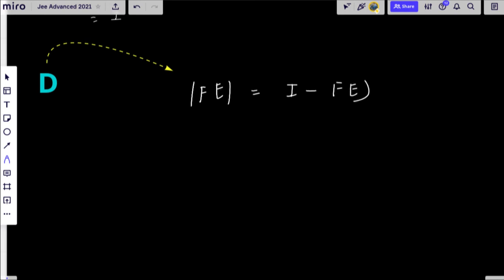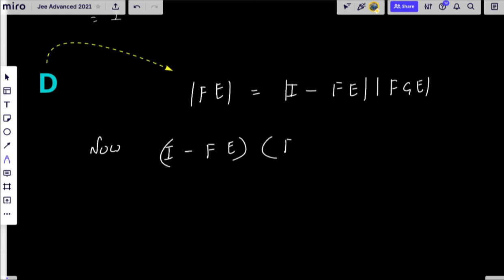That is a determinant over here, and here is another determinant, that is FGE. So what we see now is FGE. First of all, it is given in the question I minus FE and the other one, FGE.